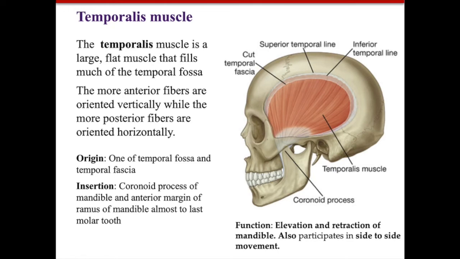It not only elevates the mandible, but because it comes from behind, allows the mandible to retract and even to participate in some side-to-side movement. If you clench your teeth, you'll see the tension. You can palpate the masseter and the temporalis with both hands to a certain extent.